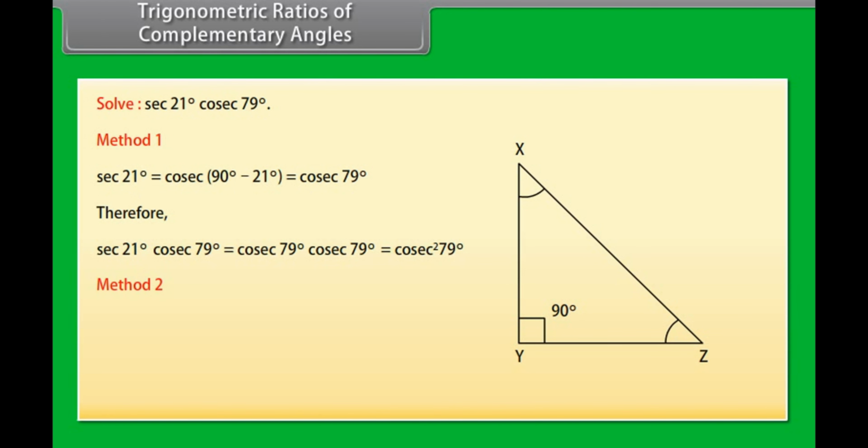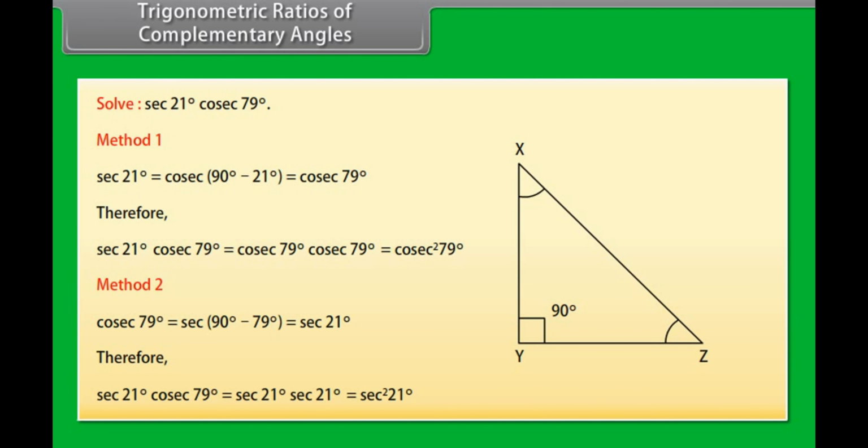Let us solve the same question in a different way. Cosec 79 degree is equal to sec 90 degree minus 79 degree equals sec 21 degree. Therefore, sec 21 degree cosec 79 degree is equal to sec 21 degree sec 21 degree, which equals sec square 21 degree.